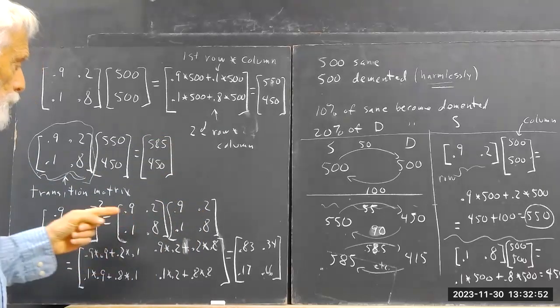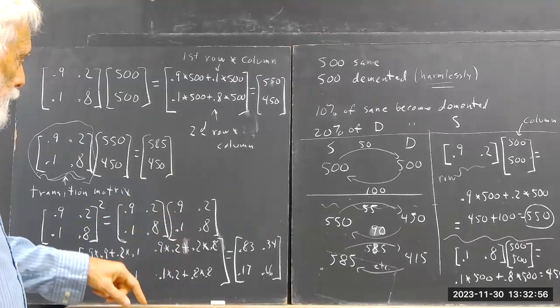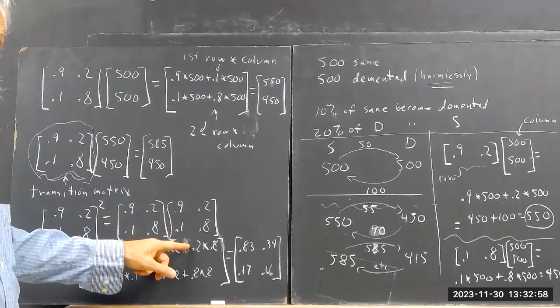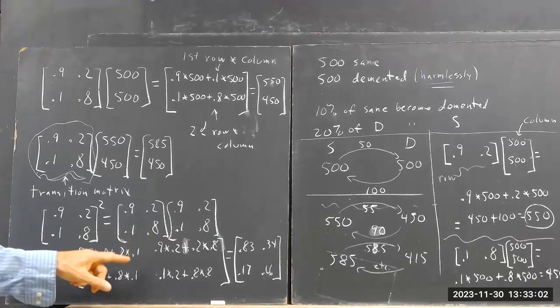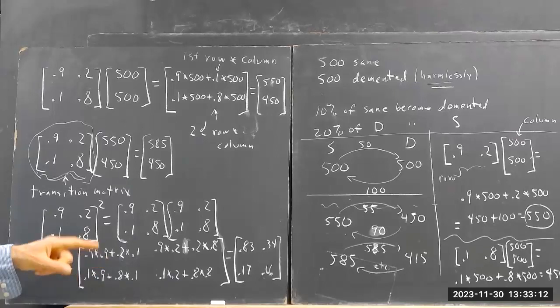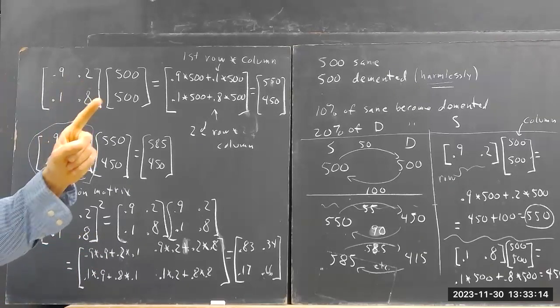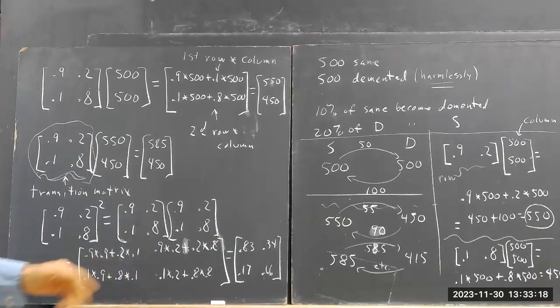We do row 1 times column 1, and we get 0.9 times 0.9 plus 0.2 times 0.1, right? There it is. Which row is this in this matrix, row 1 or 2? Show me with your finger. It's in row 1. Right here's row 1, here's row 2 of this matrix.